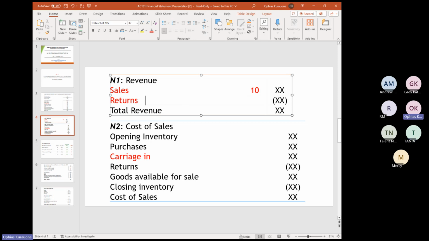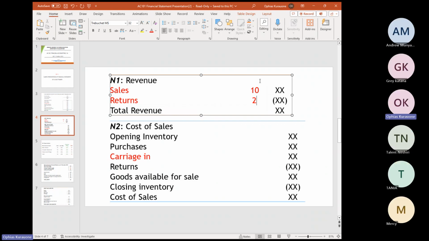Then there was a return from a customer, maybe a customer called Melus returned 2 cell phones, which means that the value of those cell phones, the returns, were $2, because usually you should measure this in monetary form when you are presenting financial statements, with the money measurement concept. That is what we are saying, we use the monetary concept.